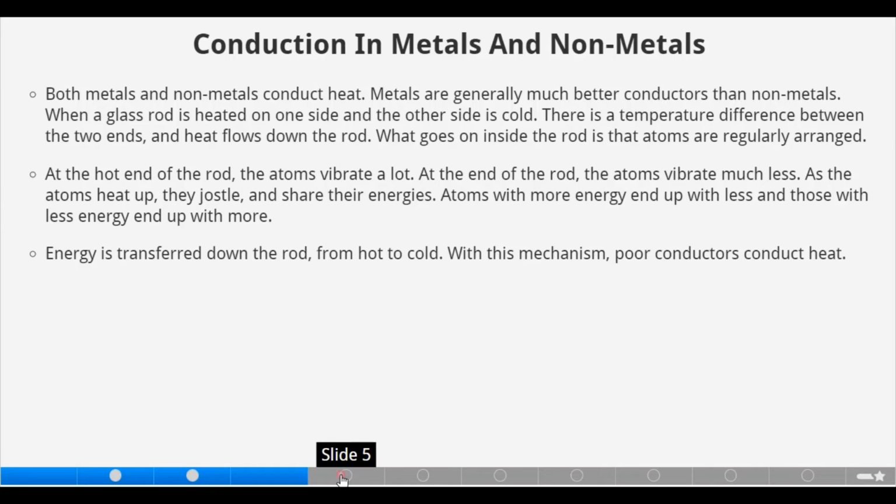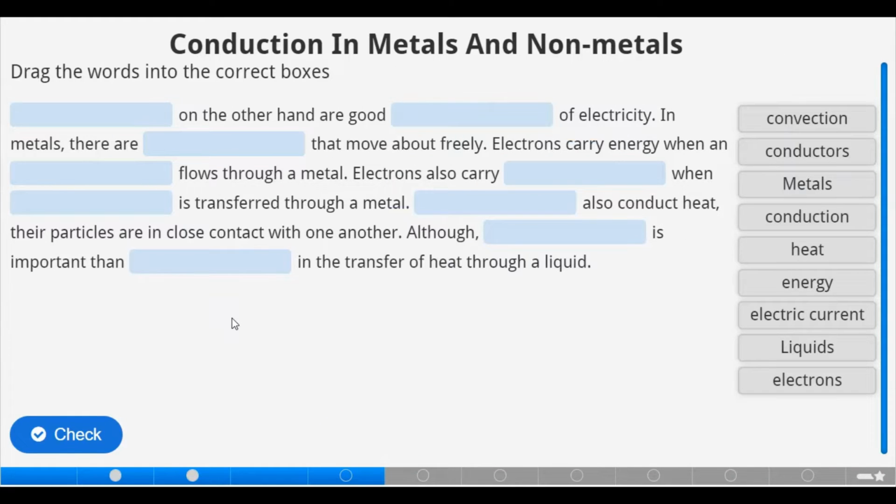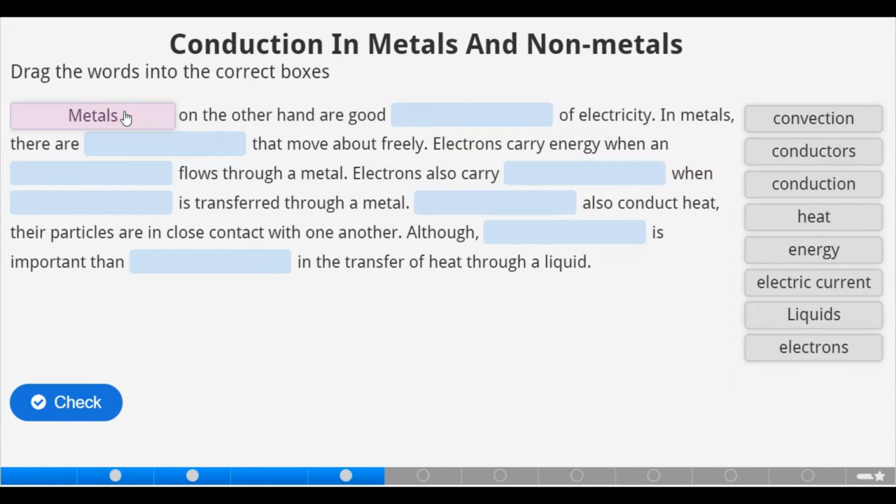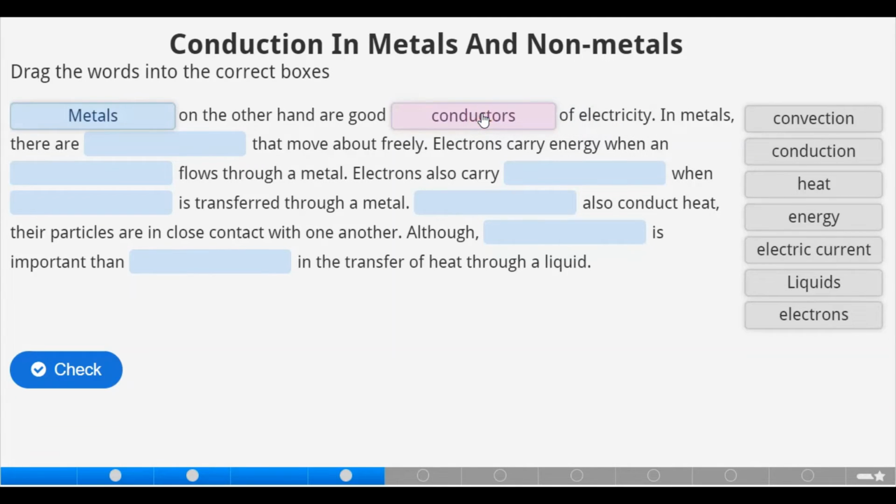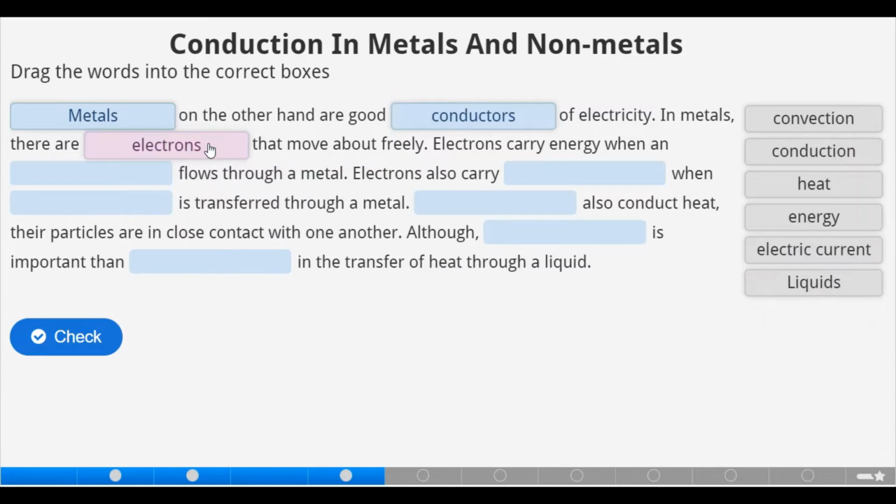Let's move on. Also, still dealing with conductors in metals and non-metals, we are also to drag the following words into the correct boxes. Metals, on the other hand, are good conductors of electricity. In metals, there are electrons that move about freely.